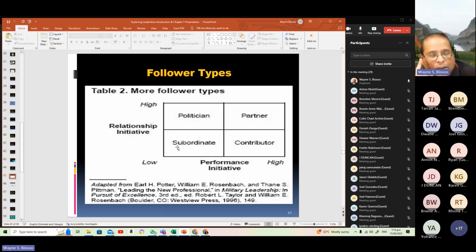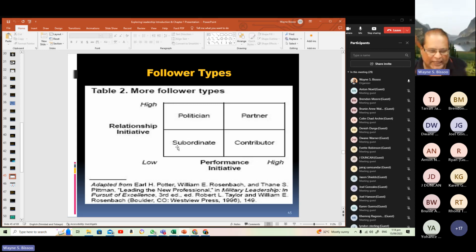Because the partner is the individual we need to be looking at as developing to move on to become a leader in the future. So partners are the people that you want to look at for continuity and for succession planning. But a lot of times followers tend to be threatened by partners and try to put them down. So that's something that you have to pay attention to.